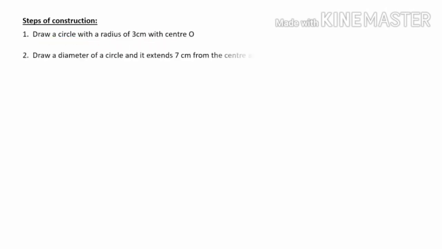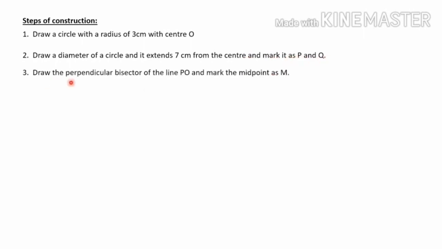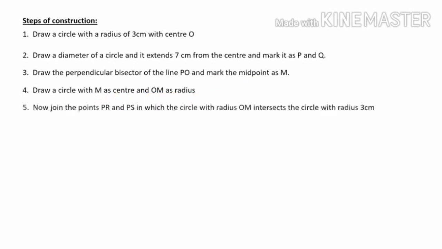Next we have to write the steps of construction. First step is draw a circle with a radius 3 cm with center O. Draw a diameter of circle and extend it 7 cm from the center and mark it as P and Q. Draw the perpendicular bisector of the line PO and mark the midpoint as M. Draw a circle with M as center and OM as radius.